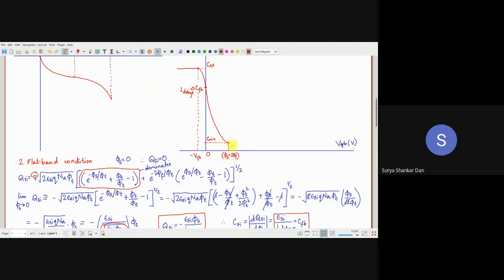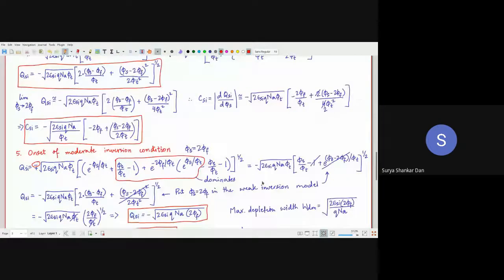Instead of writing 0.1 volt, I'll put 3 to 4 phi t. Very small amount of voltage we will allow. What will happen in this? Something very interesting.